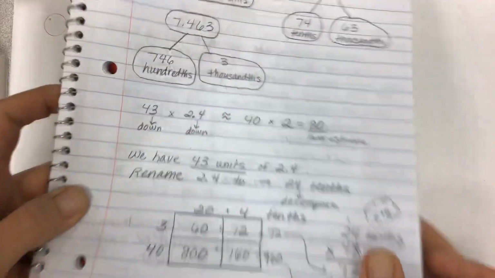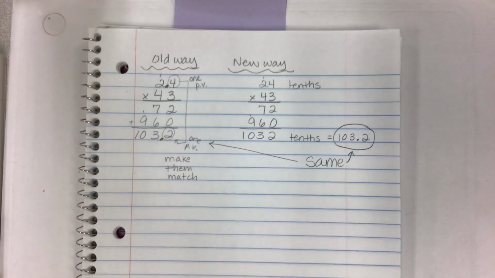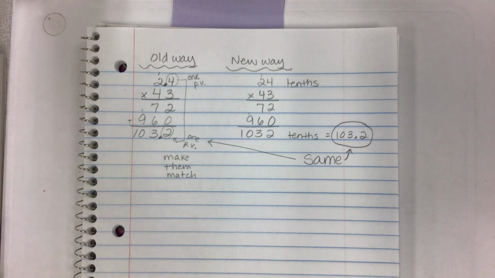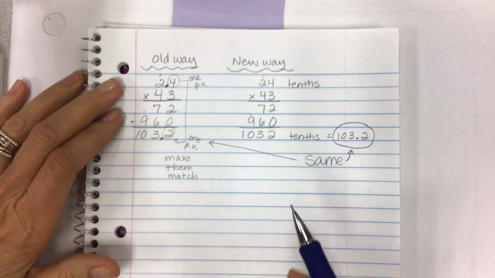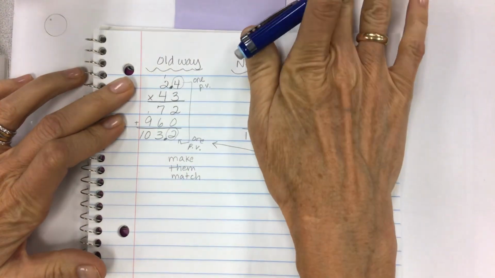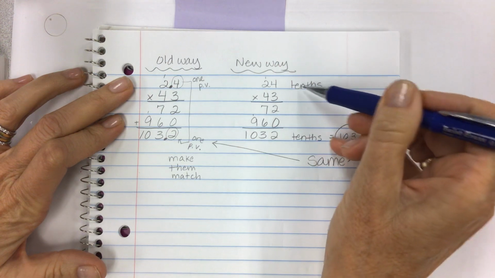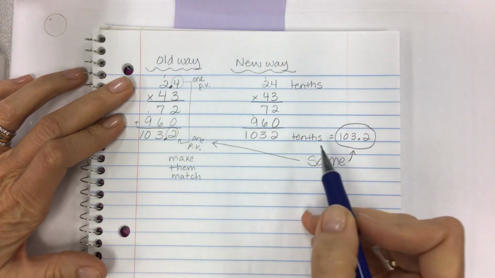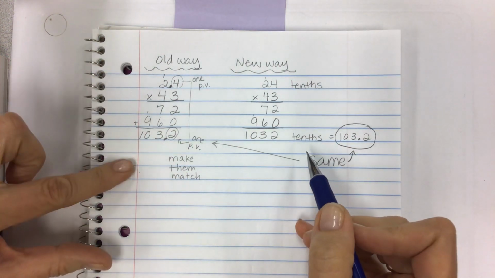Now, if that was totally confusing, let's just take a quick look at how things used to be in the good old days when things were really simple, like when I was growing up. So this is the way I learned. Nobody ever told me about renaming. They didn't have us think about place value, and so that was probably why I was so confused as a child.